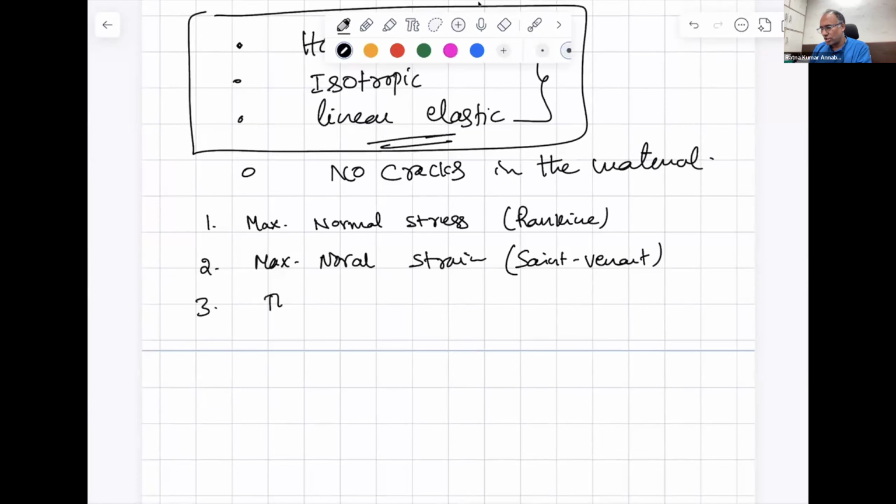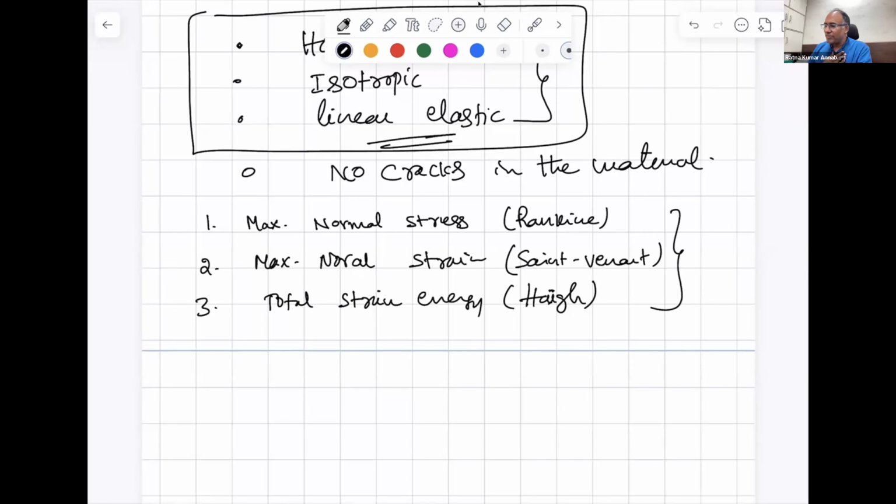Third one is total strain energy theory, which is Haigh's theory. And in the beginning, we only have these three theories.